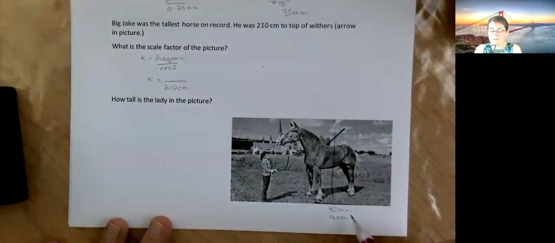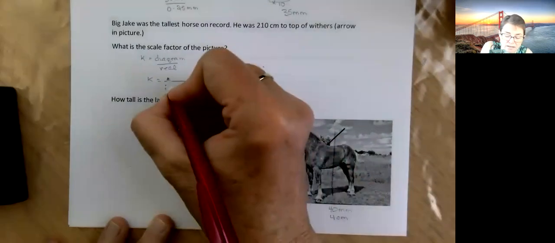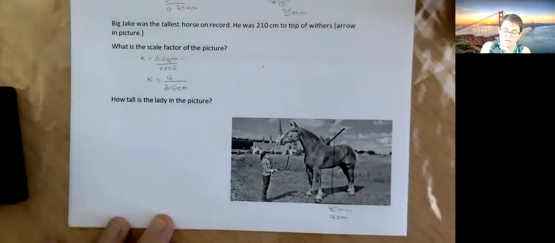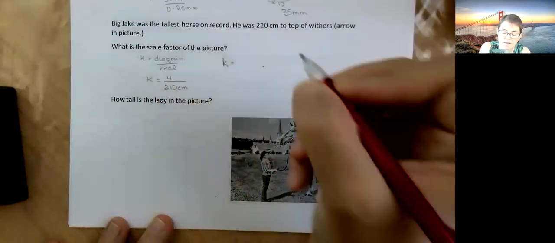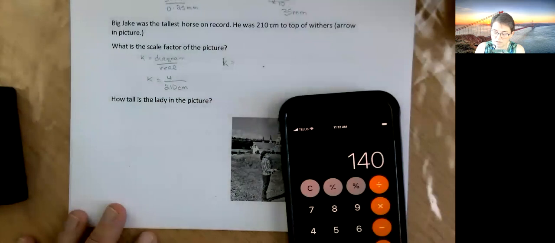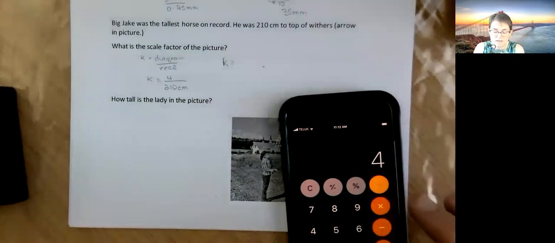So if I convert millimeters to centimeters, that gives me 4 centimeters. k is equal to 4 divided by 210, which is 0.019.